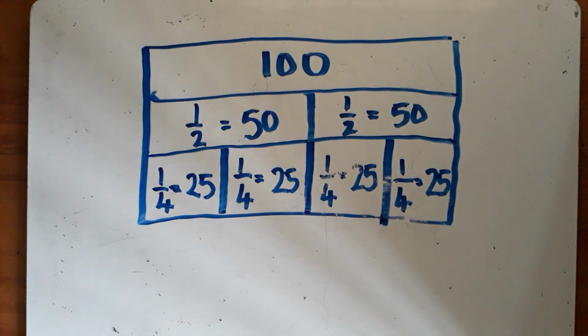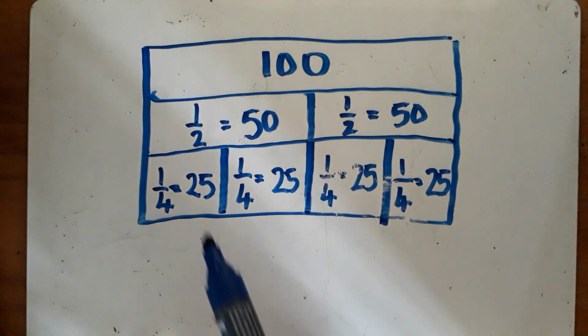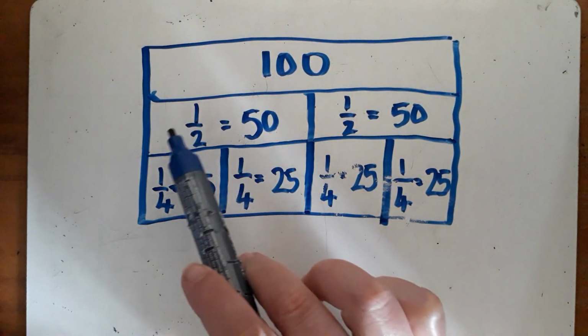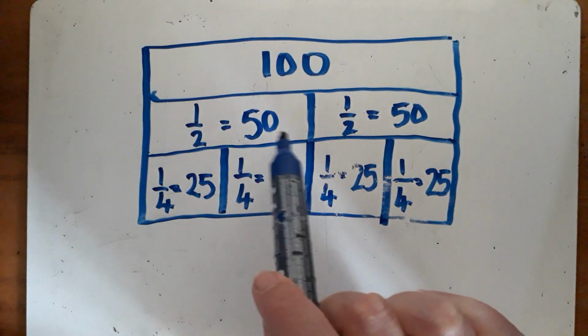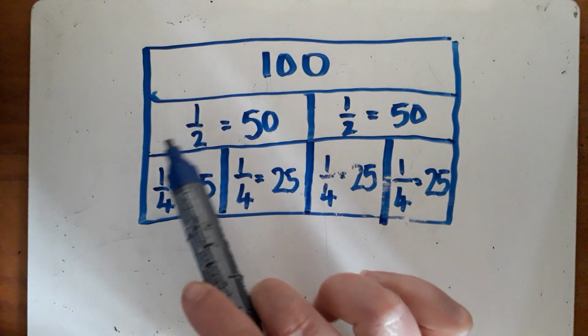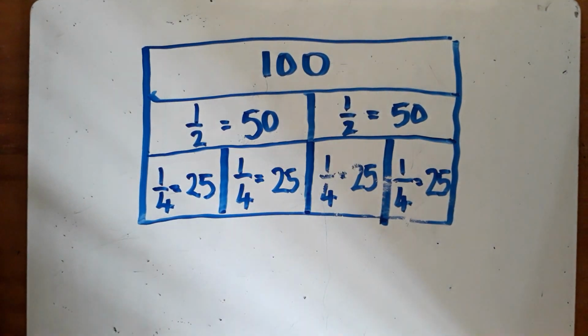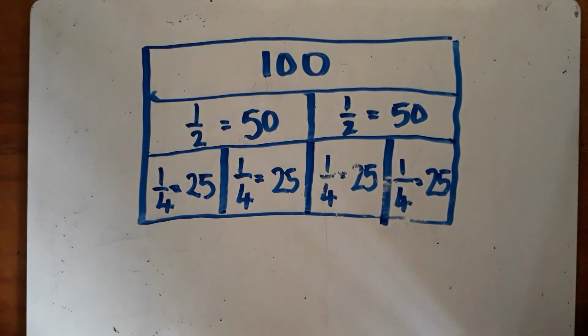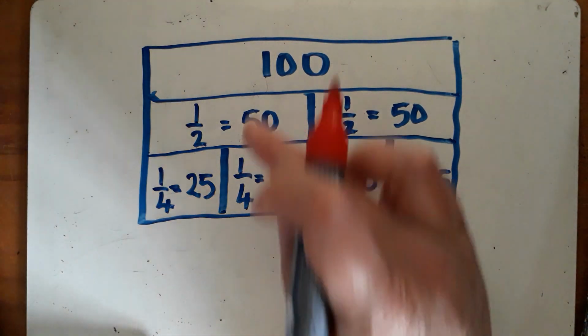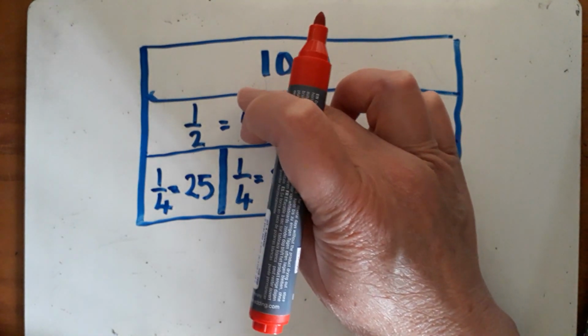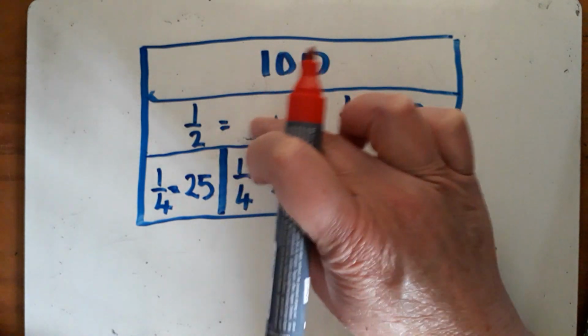Okay, and this is the big step in understanding today, because we've got to convert these fractions into decimals. So the easiest way to think about this is to make this fraction an equivalent fraction.